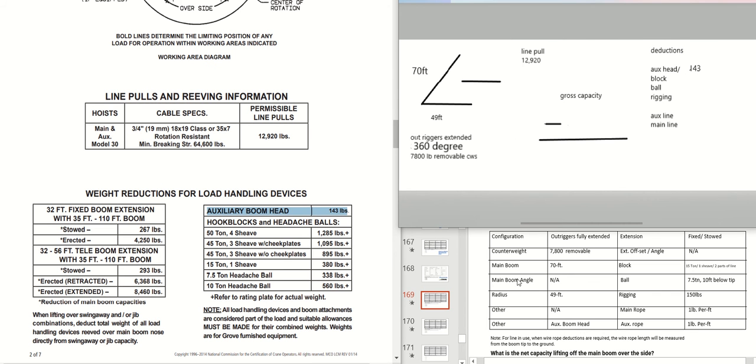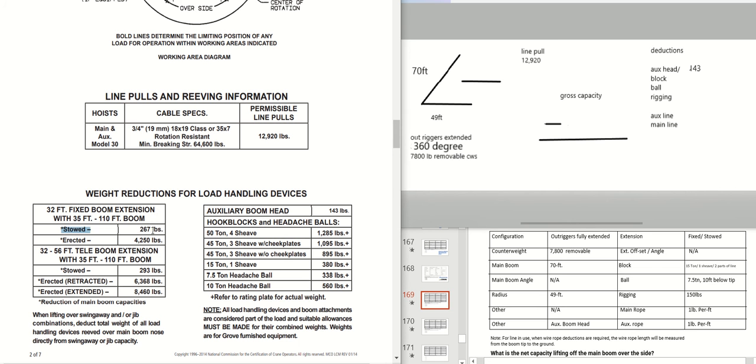Now starting in the third row, it says extension, and then moving over to the fourth row, tells us what type of extension. It's a fixed stowed extension. We'll look over here in our extension, our 32-foot fixed extension.